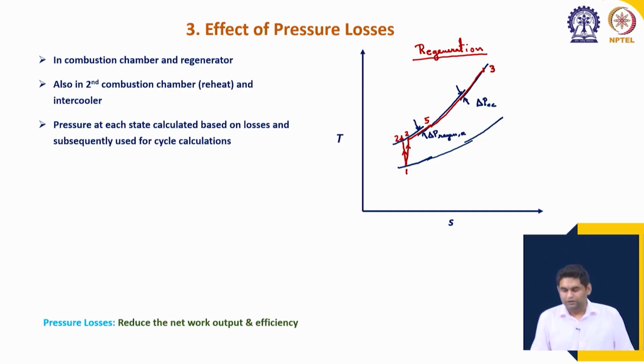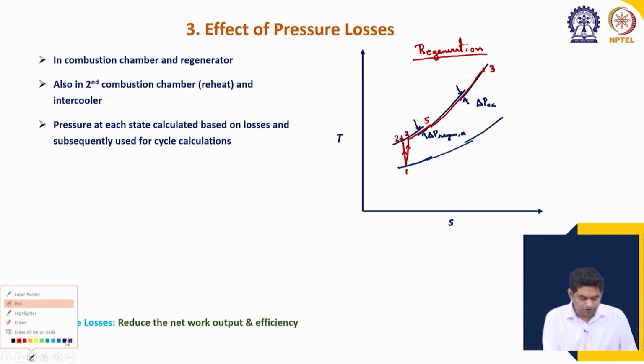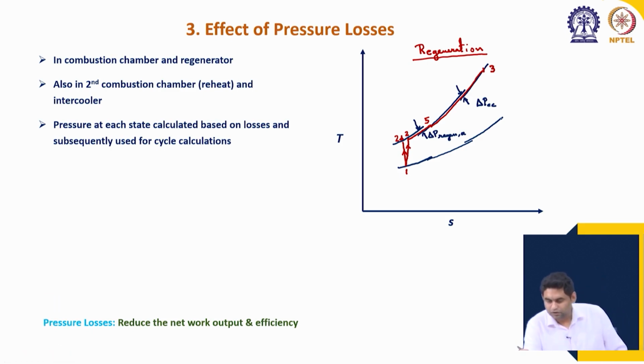Then on the gas side, we have the expansion in the turbine. What will happen now is that the pressure ratio is decreased as compared to the compressor pressure ratio.